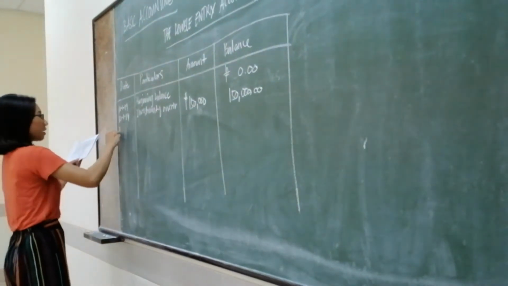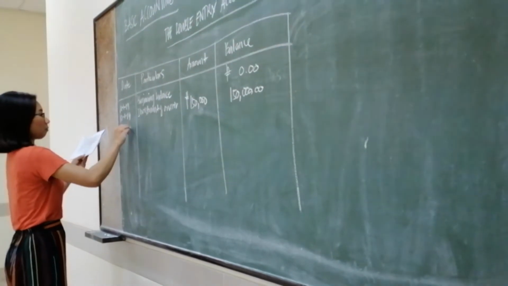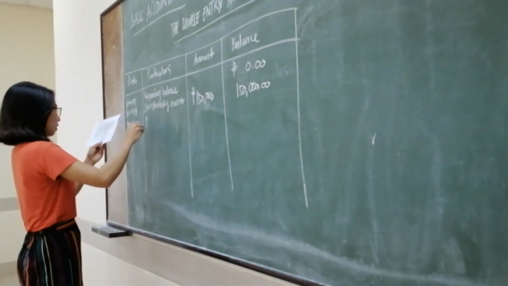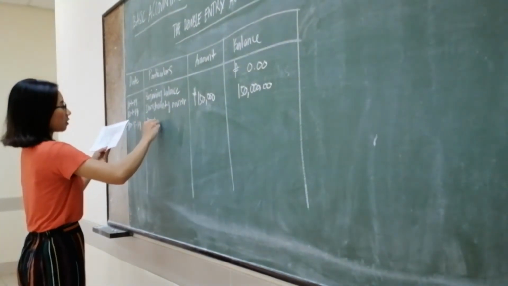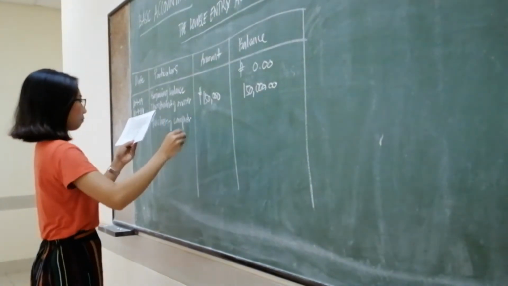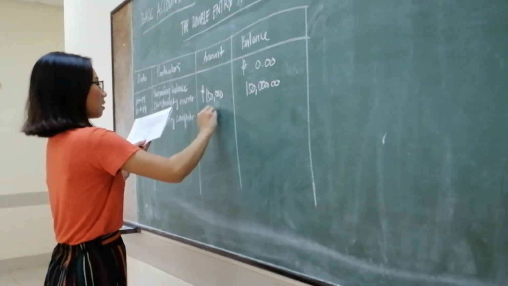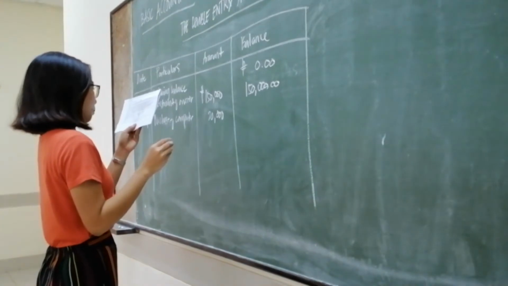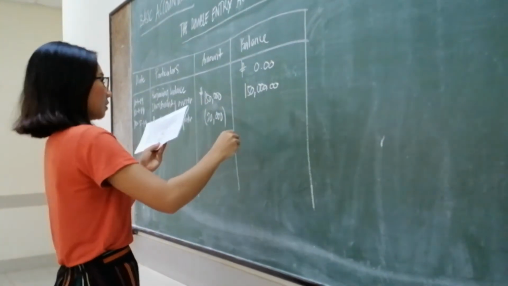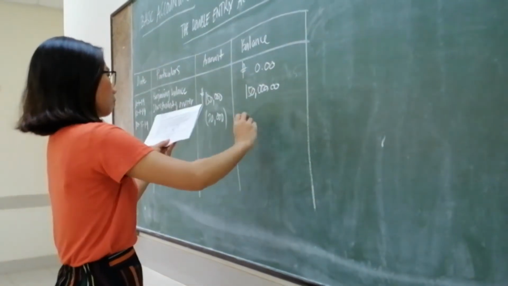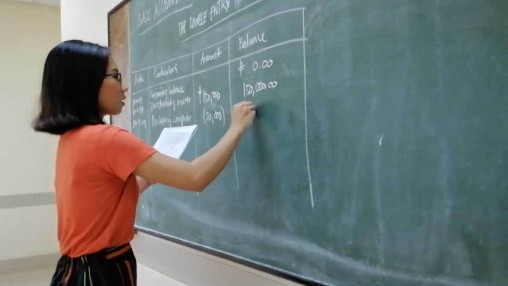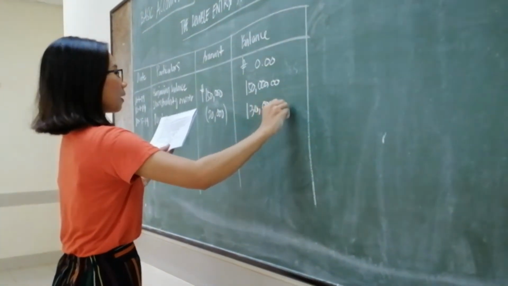On October 5, he purchased a computer for the office. So to record the purchase of computer, 20,000 pesos. What happens to the 20,000 pesos? Minus. So deduction to the 150,000. So we get 130,000 pesos.